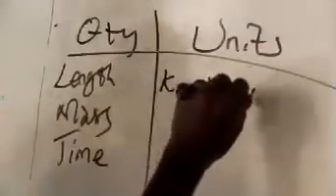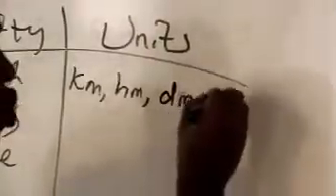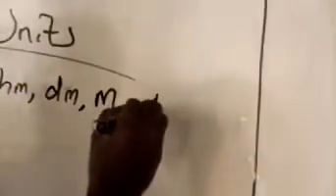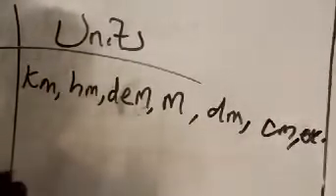For length, the units that we'll learn how to convert are kilometer, hectometer, decameter, meter, decimeter, centimeter, millimeter, etc. Notice that there are other units of length like yard, miles, and inches, but we are concerned with the most common ones in our study of physics.